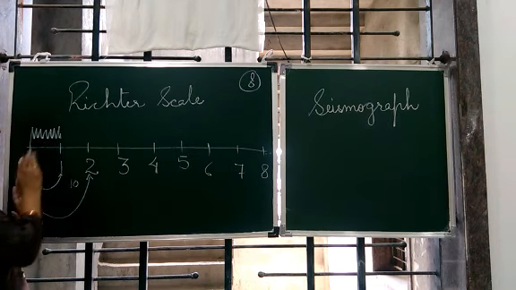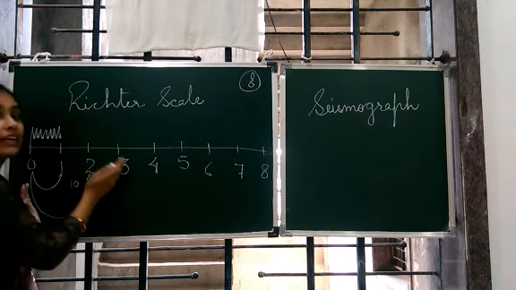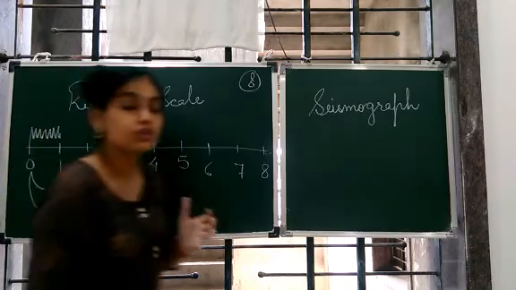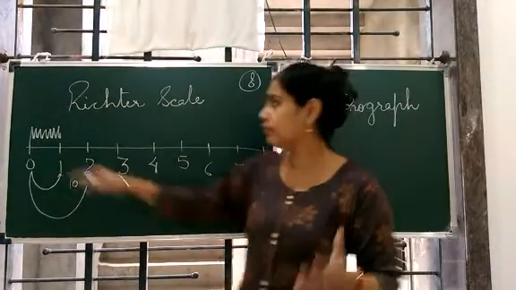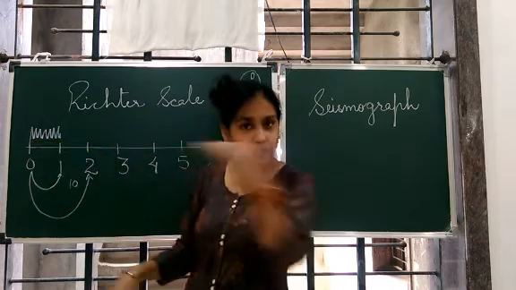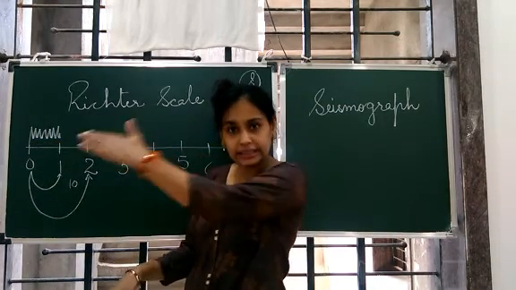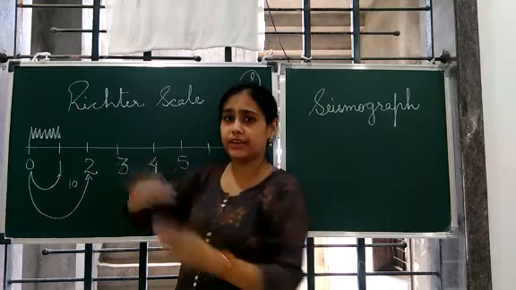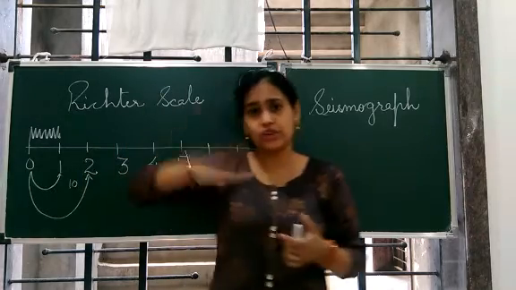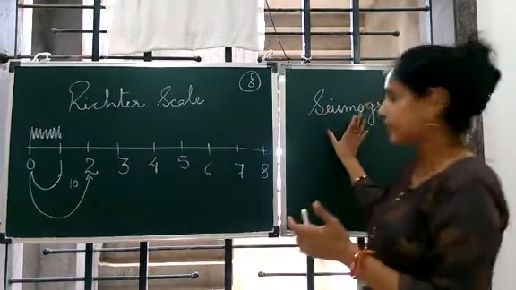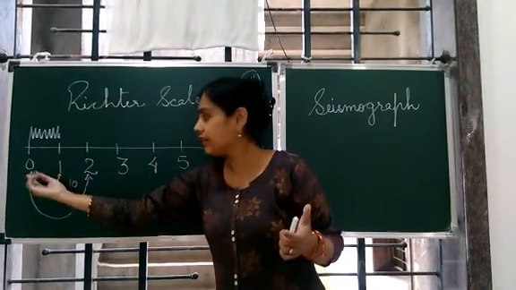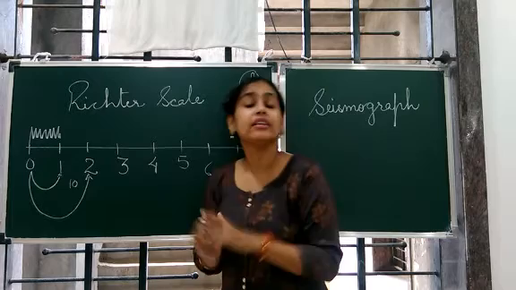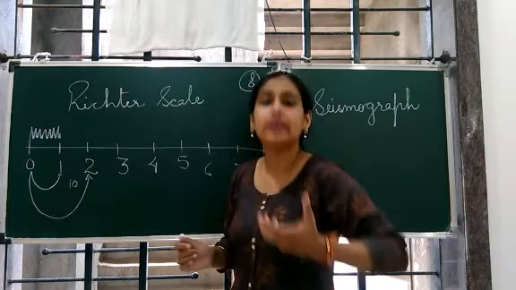Each time the reading increases, the magnitude of the earthquake increases 10 times. Why? Because the earthquake is not linear. We don't get a linear reading, we get a wavy reading. Why? Because there is tremor, and how that works we will study in the seismograph. So this is what the reading is. Actually, the earthquake is 10 times more destructive.